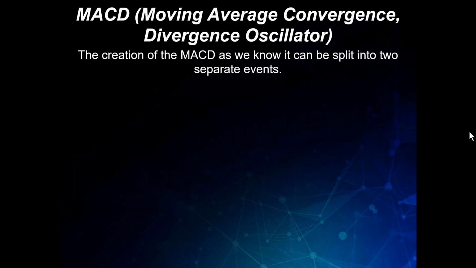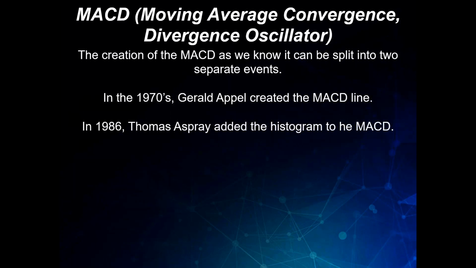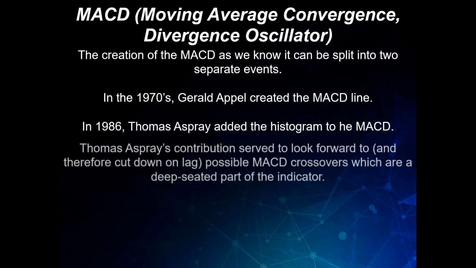The creation of the MACD can be split into two separate events. In 1970, Gerald Appel created the MACD line. Then in 1986, Thomas Aspray added the histogram to the MACD.